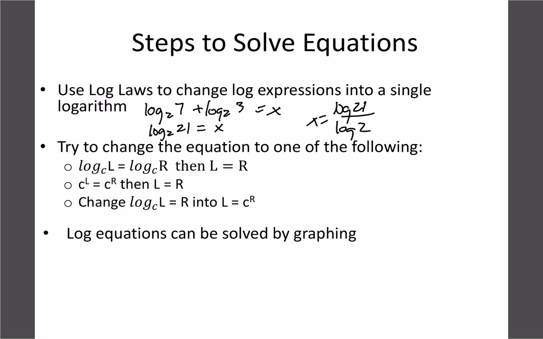So you want to combine the logs to get into one, and then the next thing is to try to get your left and right hand sides to be the same in terms of a log or an exponent, or we're going to usually change from a log to an exponent or vice versa. If you try to get your left and right sides to have the same log base, then the tops have to be the same.